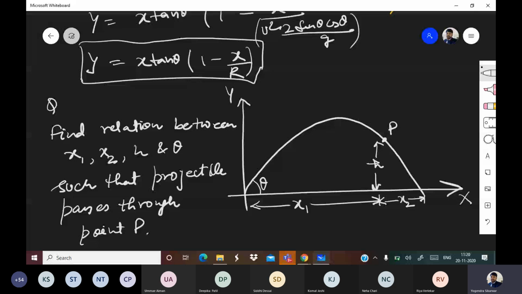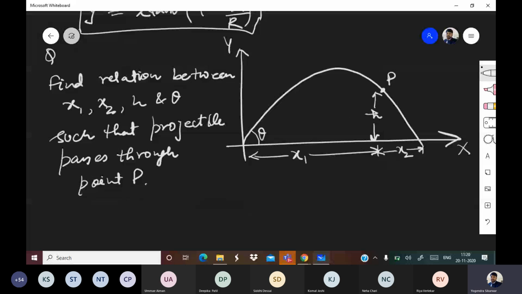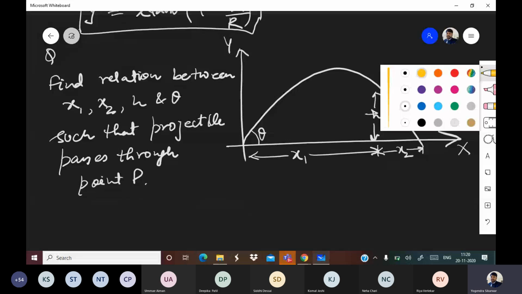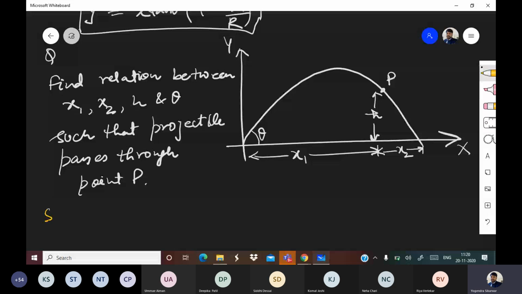So in this question, we are going to use the last formula. Okay. x1 plus x2, if you see, are nothing but r. For point P, coordinates are x1, comma h.